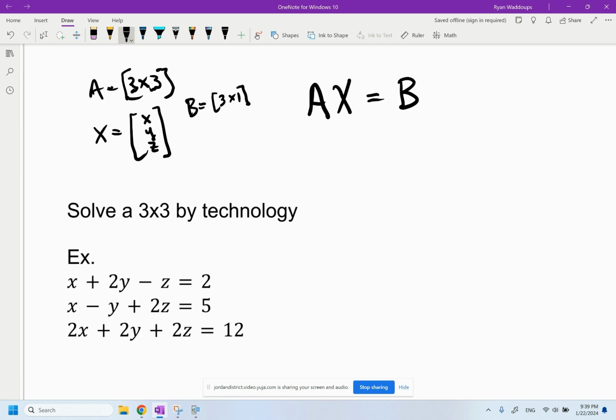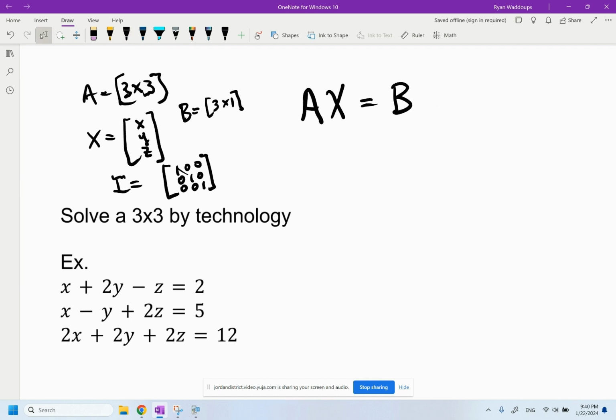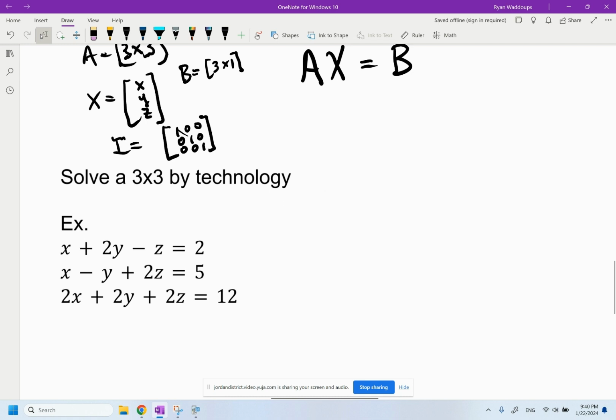And we're going to try to convert this A into what we would call I, which is the identity matrix, which for a 3 by 3 matrix would be 1, 0, 0, 0, 1, 0, and then 0, 0, 1, with the ones in the diagonal, and then zeros everywhere else. And if we can convert that into the identity matrix, that's the same as converting that number into 1, and thus we're solving the equation.